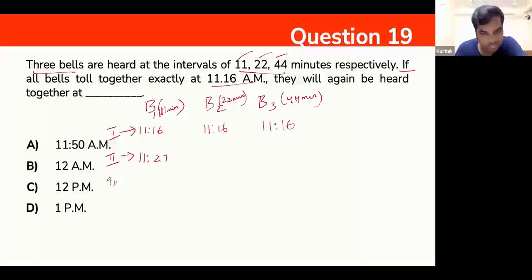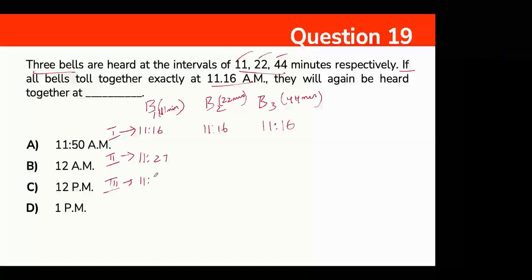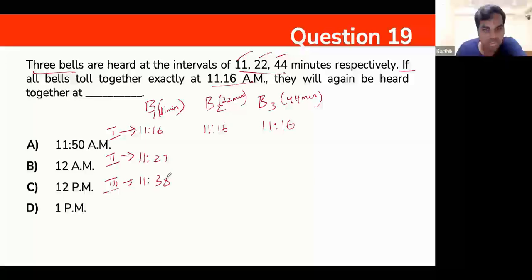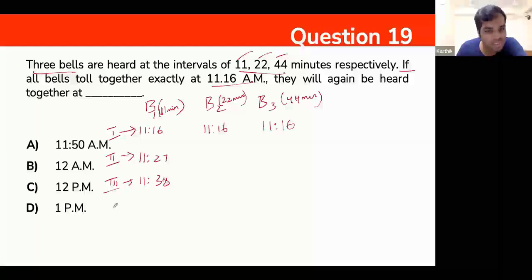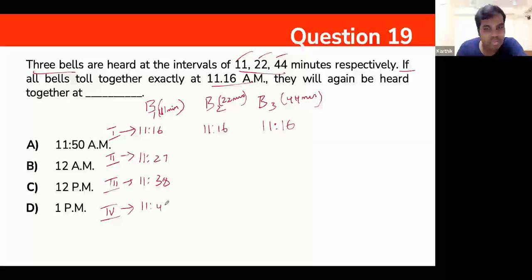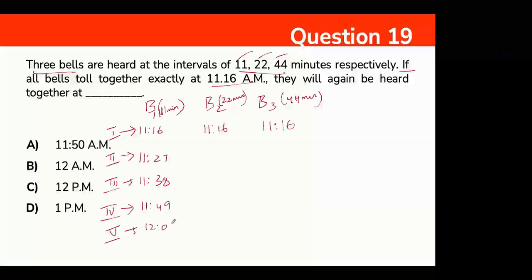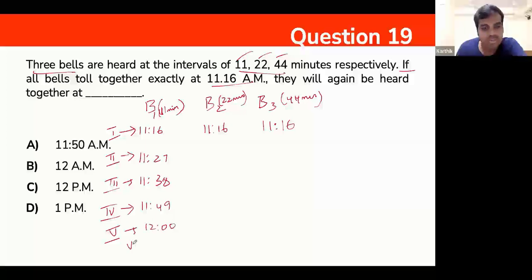And third time, you keep adding 11, that's all. 11:38. So this is the pattern that is followed. Again, it will be 11:49. Fifth time, it will be 12. Then sixth time, it will go at 12:11. Correct? This is how it goes.